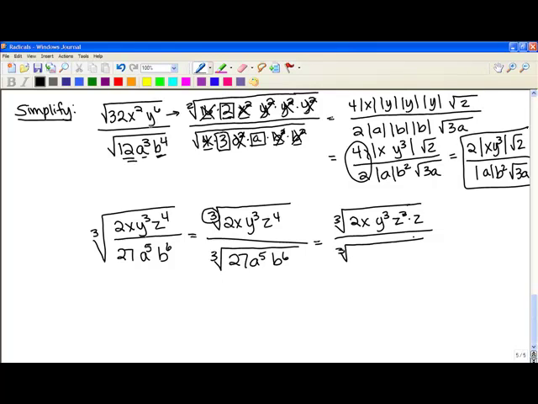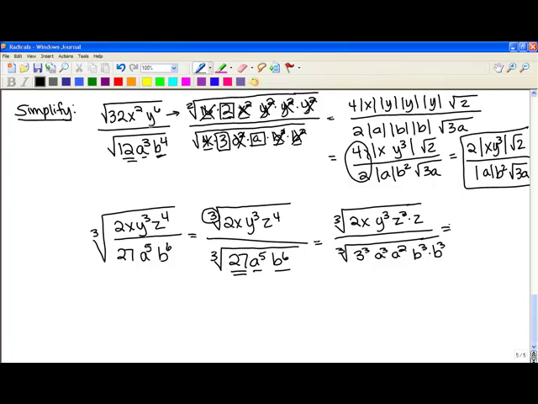Same thing for the denominator. 27 can be written as 3 cubed. 3 times 3 times 3 is 27. A to the 5th, I need to write that in powers of 3, so that would be a cubed times a squared. And then b to the 6th would be b cubed times b cubed.